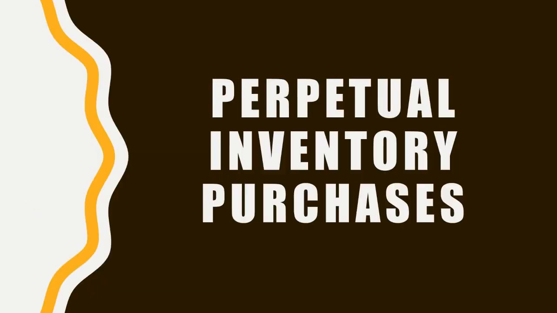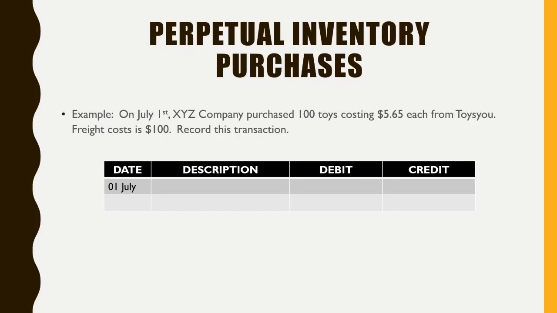So let's dive into our first example, perpetual inventory purchases. On July 1st, XYZ company purchased a total of 100 toys costing $5.65 each from Toys R You. And then they also had a freight cost of $100. Let's record this transaction.